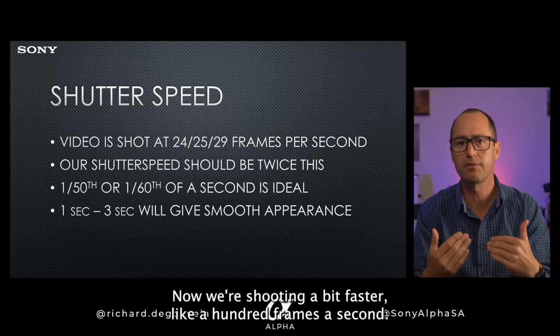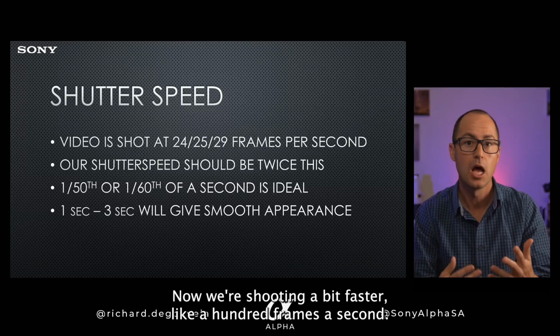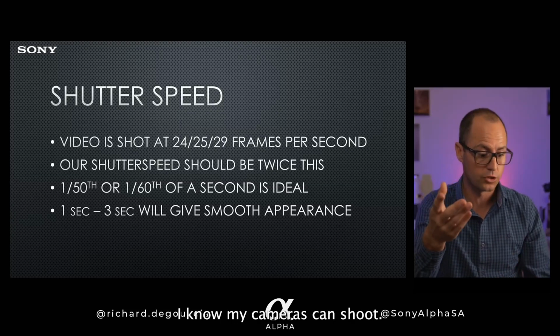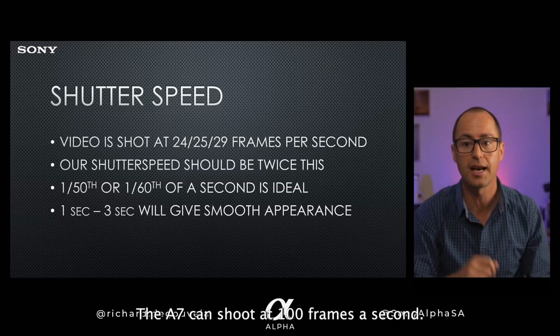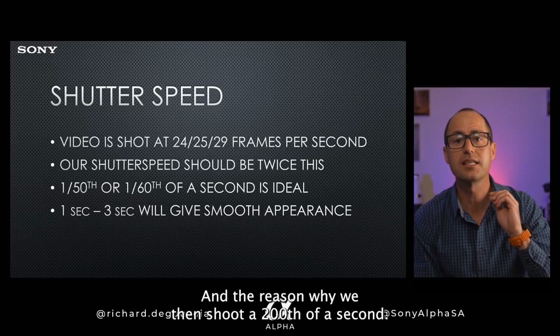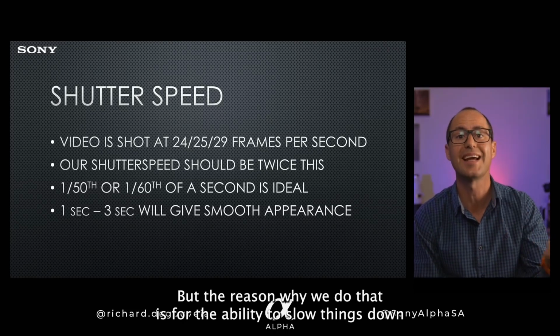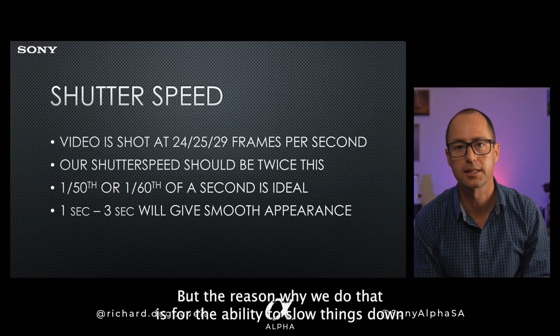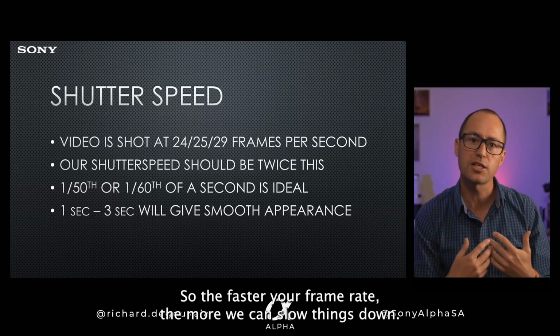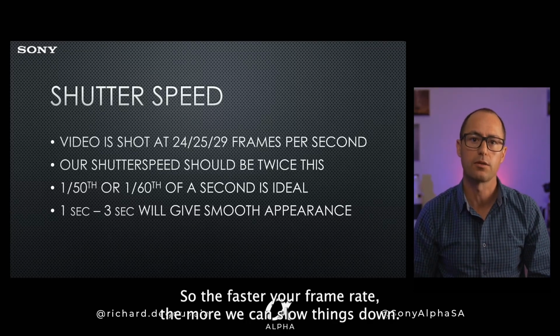Sometimes now we're shooting a bit faster, like 100 frames a second. I know my cameras, the A7s, can shoot at 100 frames a second. And the reason we then shoot at 200th of a second is for the ability to slow things down afterwards. So the faster your frame rate, the more we can slow things down.